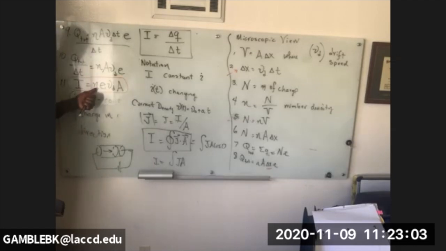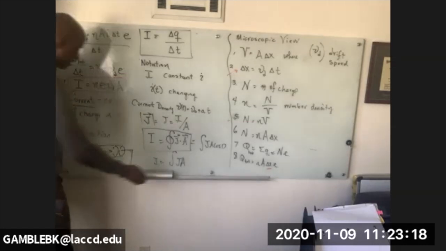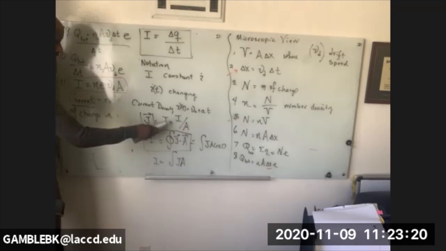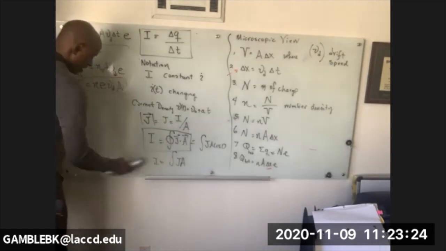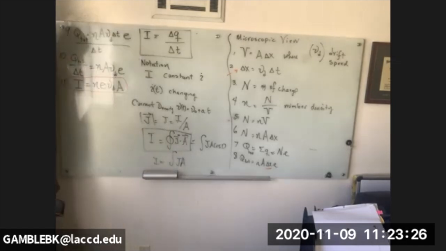So one other way to write this is in terms of current density. Your book may do that. If I divide through by the cross-sectional area, then what I have is current density, because current density is I divided by A. It's a way of writing current essentially as a vector.